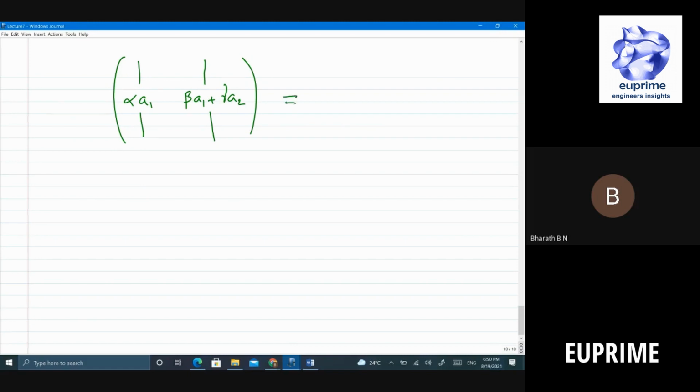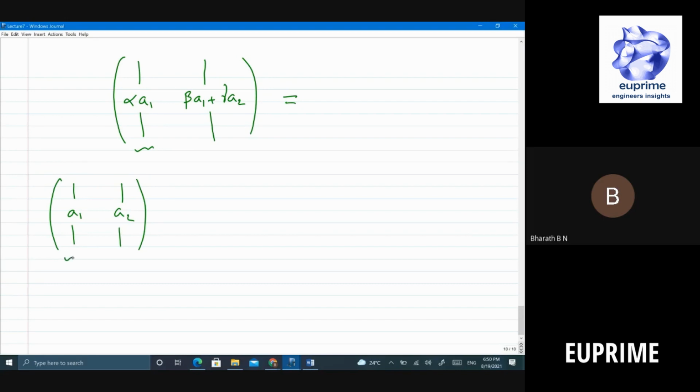So what is this, by the way? Can I write this as a product of two matrices? If I have a matrix A1, A2, how do I get the first column?